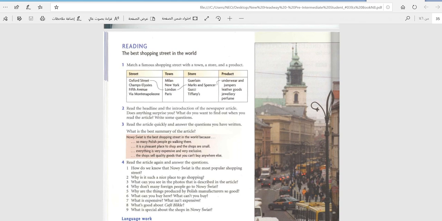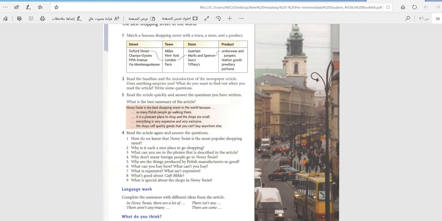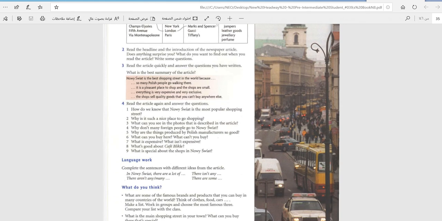Oxford Street, London, jewelry, underwear and jumpers. Champs-Élysées. Actually, this exercise is omitted, so we cannot use it.